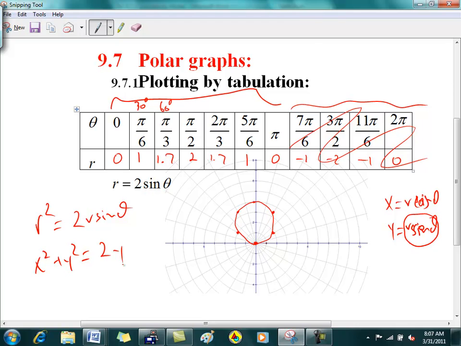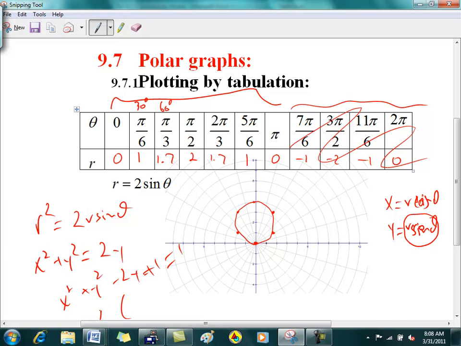Now where do I go from here? Complete the square. Yeah, you bring the 2y over. Complete the square.